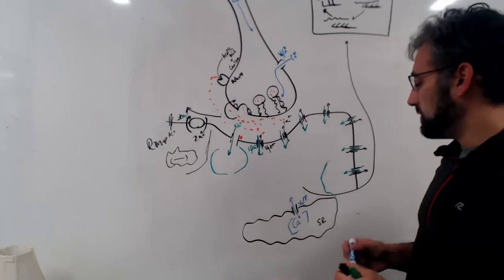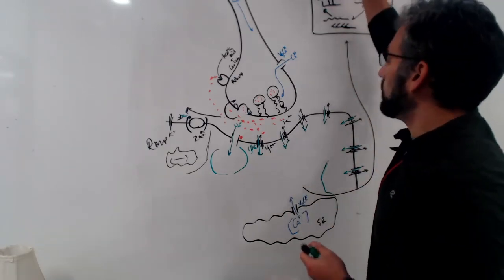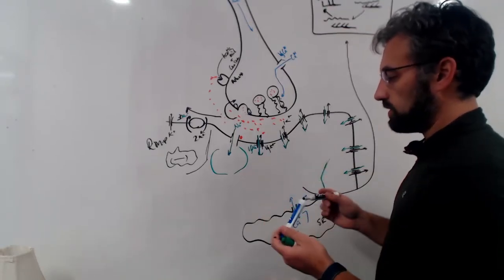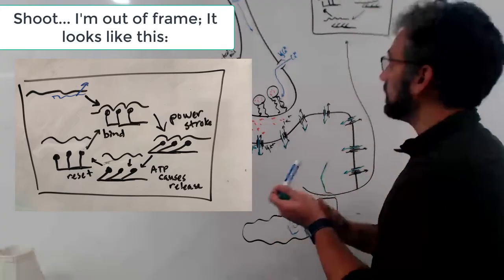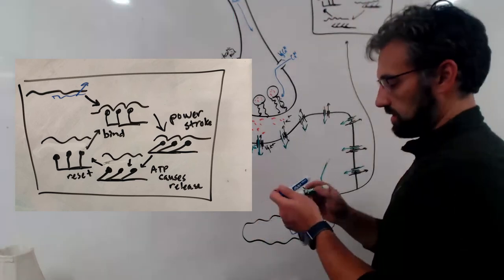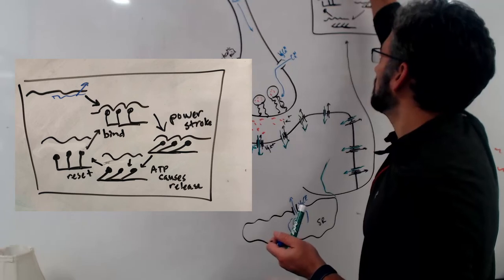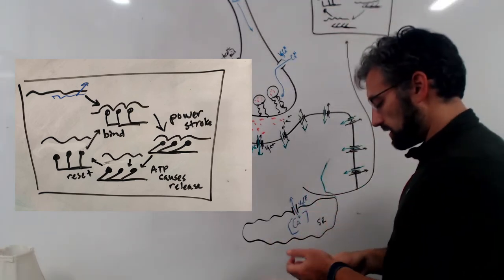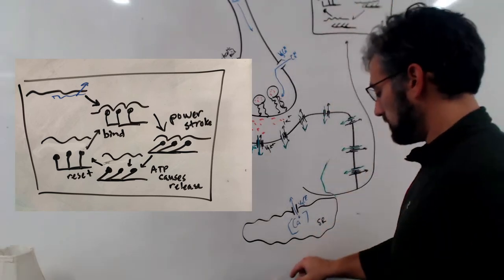That calcium is going to bind to troponin, which will move tropomyosin out of the way on actin. So the calcium is going to move that out of the way, which makes it so that the myosin heads can bind to the actin site. So bind.